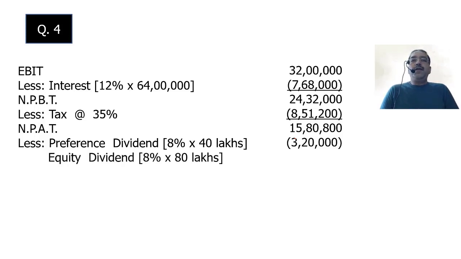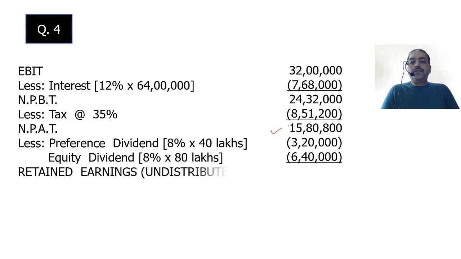So equity dividend, 8% of 80 lakhs, that will come to 6,40,000. From this 15,80,800 minus those two figures, 3,20,000 and 6,40,000, you'll get retained earnings, which is nothing but your undistributed profits of 6,20,800.